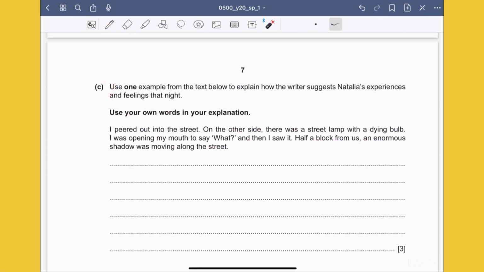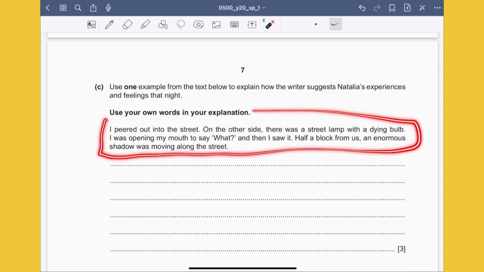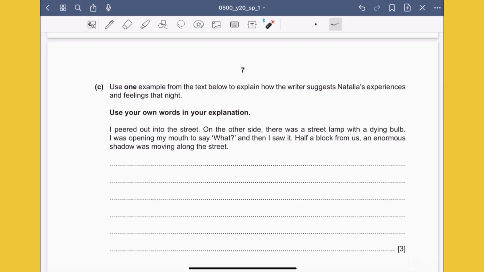Question 3C. This is where you analyze how a writer uses language. Basically, what you have to do is choose one example from the text below. They want you to choose something from here, and they also tell you what they want you to choose.